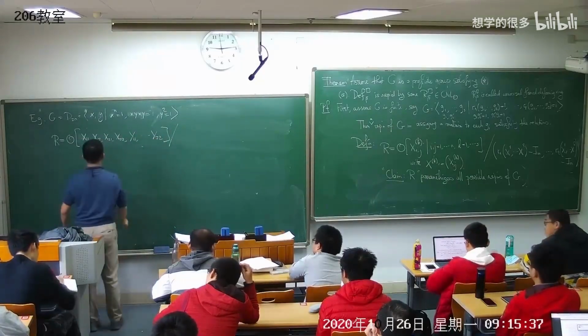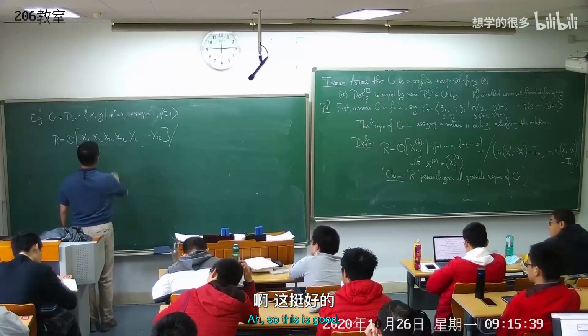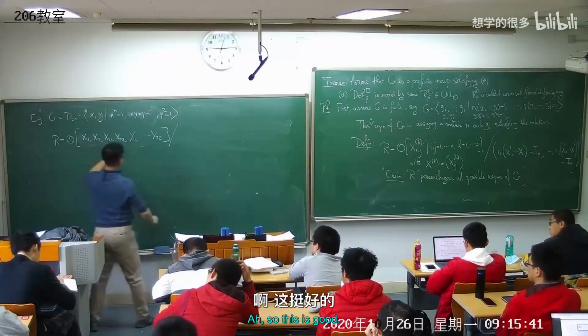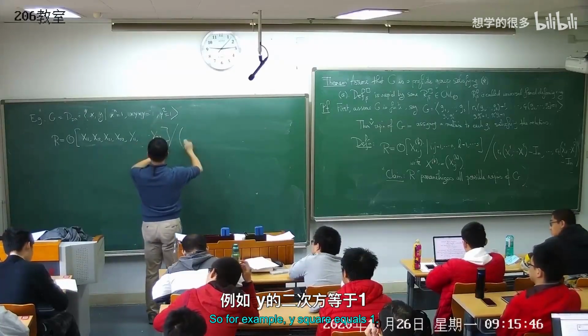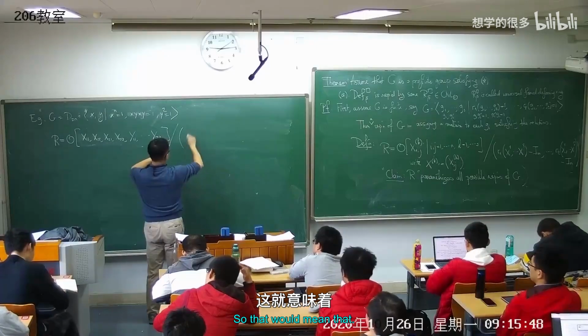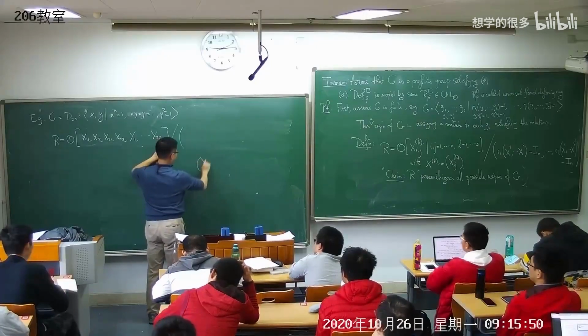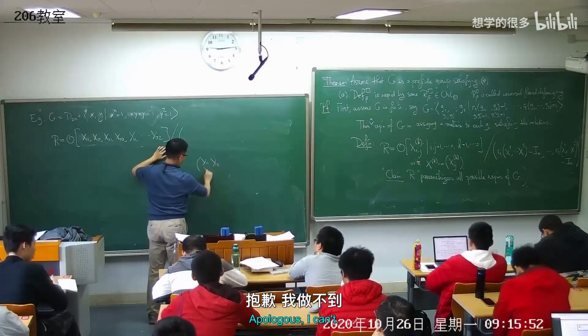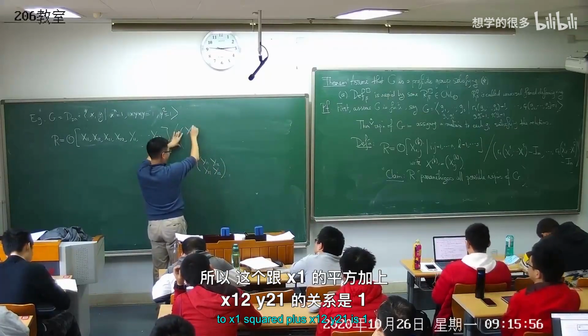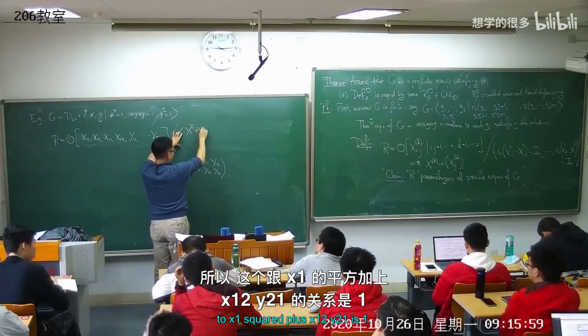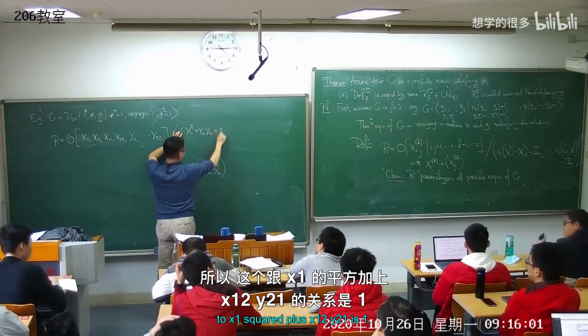Now relations. So let's write a couple of them. For example, y squared equals 1. So the relation is x11 squared plus x12 y21 equals 1.